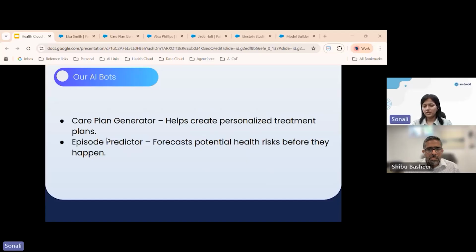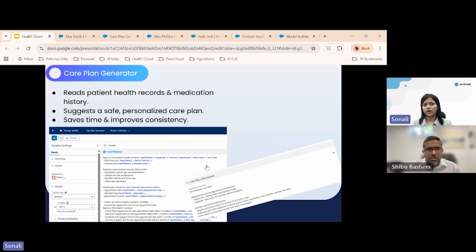So these are the two bots at a high level. Let's take a look at each one in detail. The first one is the care plan generator. What it does is very simple but powerful. It reads the patient's medical records and medication history, and then it suggests a personalized care plan that doctors can review, finalize, and approve.